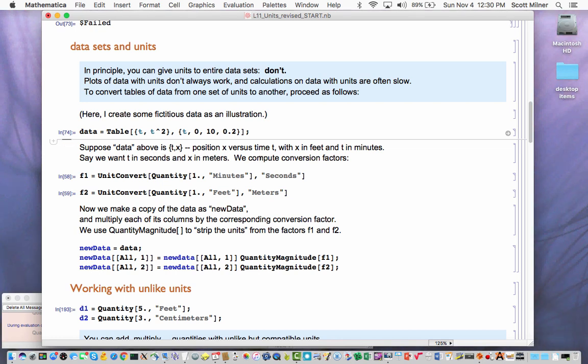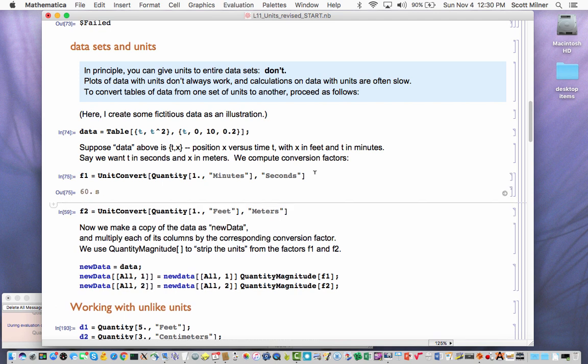Then what we need obviously are conversion factors, and we can use the functions of Mathematica to produce those conversion factors conveniently. So since the time data are in minutes, we need a conversion factor that converts from the quantity 1 minute to seconds. Okay, I mean that's 60 obviously, but if you didn't know, this will produce it for you. So that's 60 seconds. That's the conversion factor.